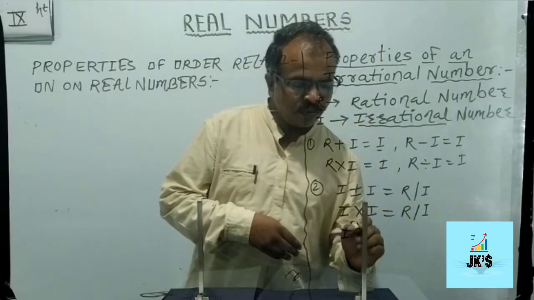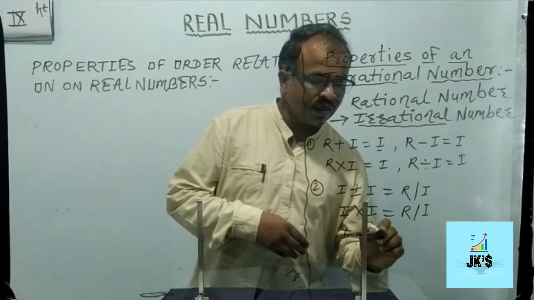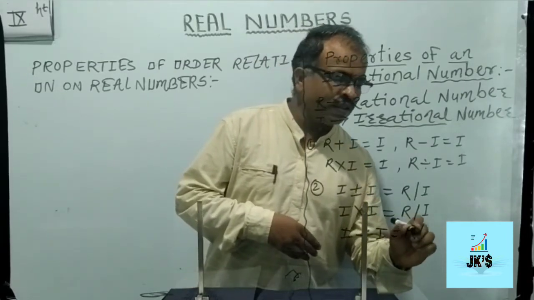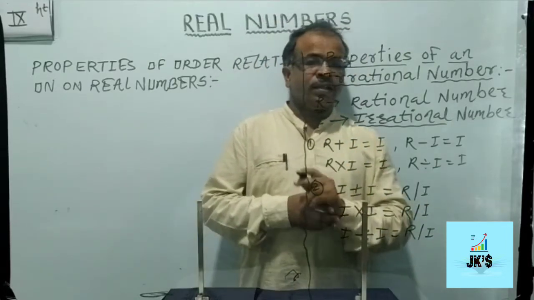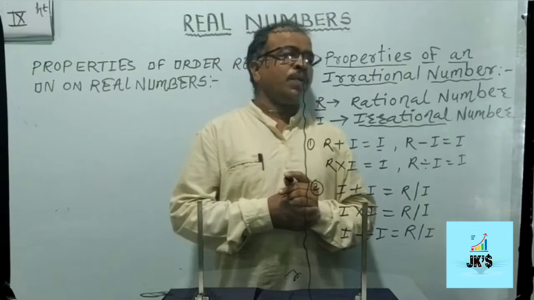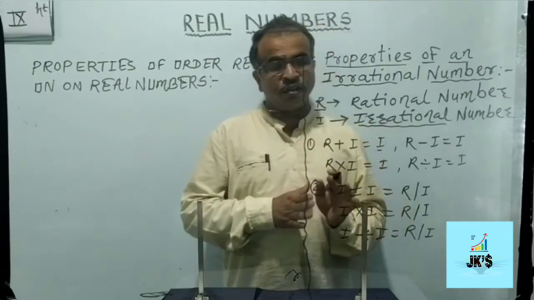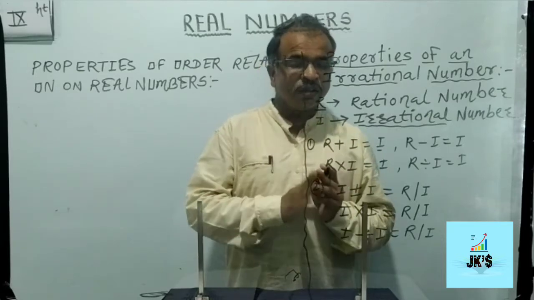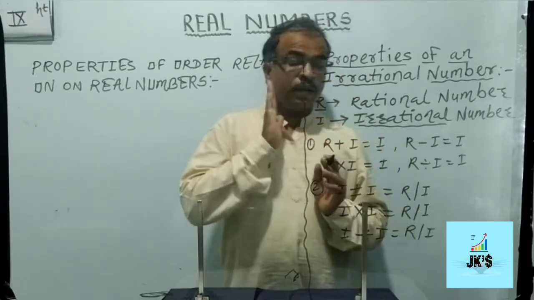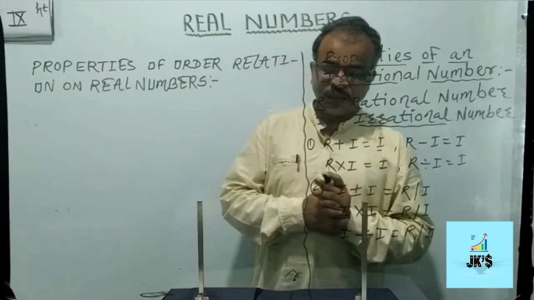Similarly, when they are divided, the result may also be rational or irrational. These are the properties of irrational numbers under addition, subtraction, multiplication or division.